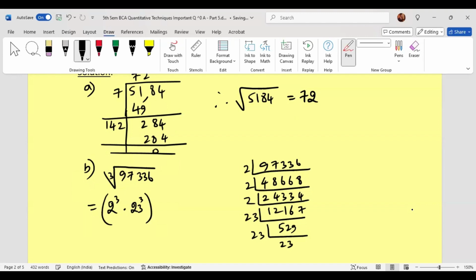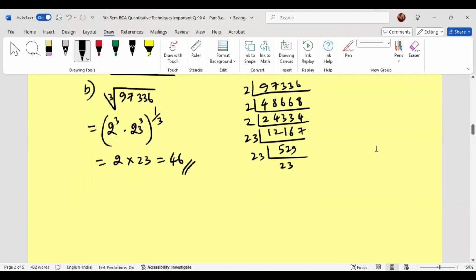Since we need cube root, I will take the power of 1 by 3, which is 2 multiplied by 23. So we get 46 as the result. So that is the solution for this.